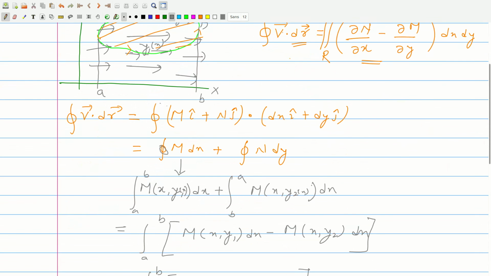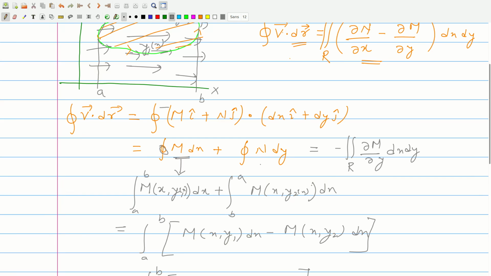We have just seen what this M dx is. M dx is minus, over the region R, partial derivative of M with respect to y, dx dy.